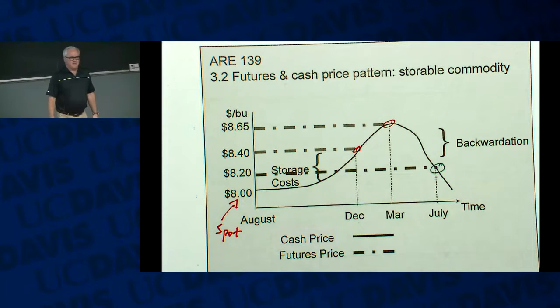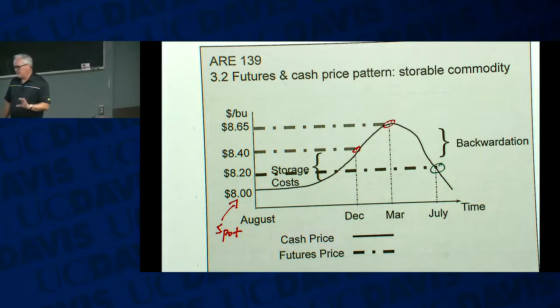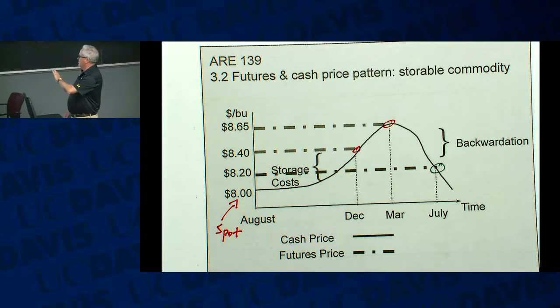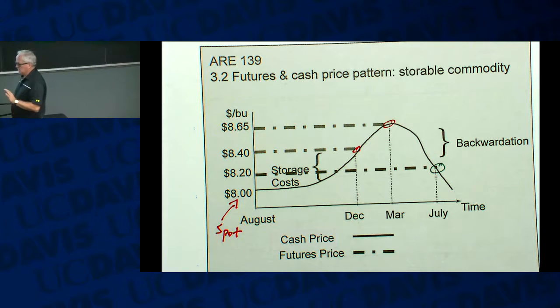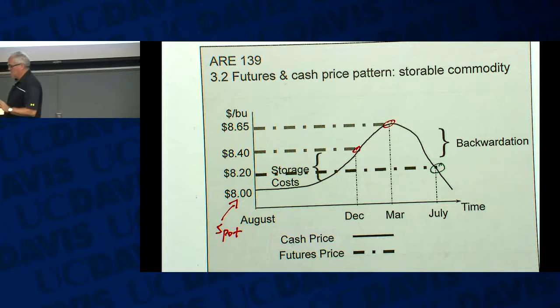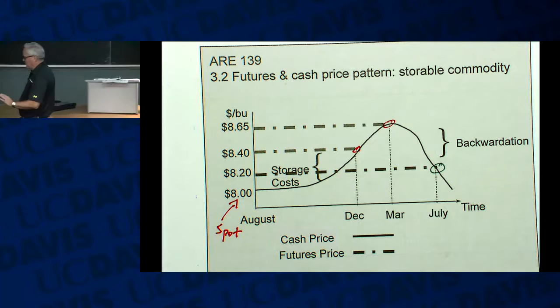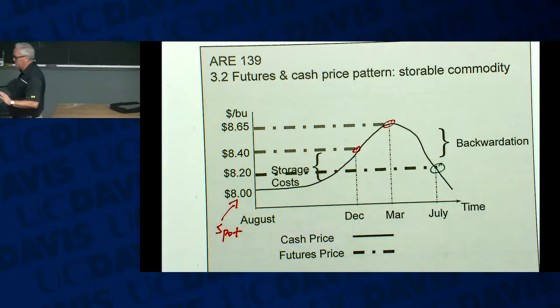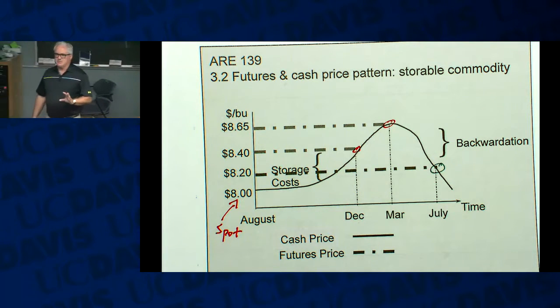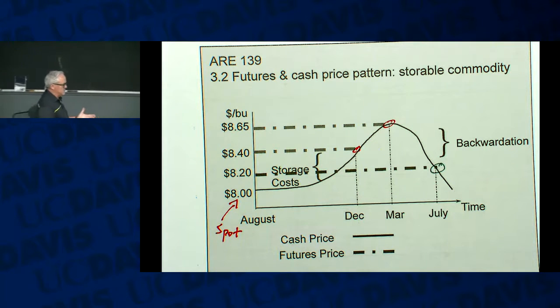So one way to view this is the market is projecting that the price is going to be higher in March than it is in August. That's not an unreasonable projection because it costs money to store wheat from August to March. And why would anybody store wheat unless there was a return from doing so? If there was no return from doing so, they would dump it now. So that's the snapshot today.